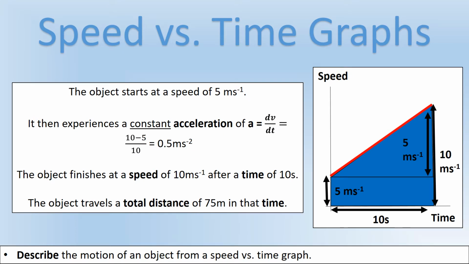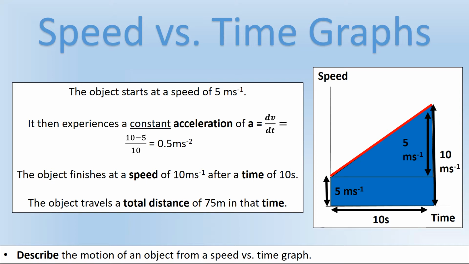Let's have a look at this graph that we finished with and how we describe this one. We can see that it starts at a speed of 5 meters per second. So that would be our starting point describing its motion. We can see that it experiences constant acceleration because the graph is a straight line. And we can actually calculate what the acceleration is using the change in speed divided by the time taken.